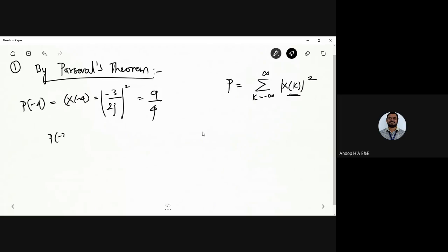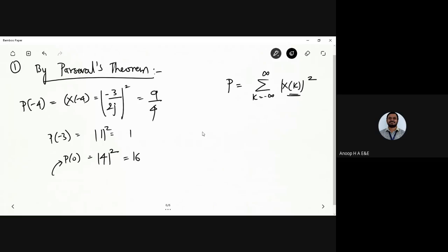Now P of minus 3. x of minus 3 equals x of 3, which is equal to 1. 1 squared is 1. Now P of 0, what is it? That is equal to 4 squared, so you are going to get 16.